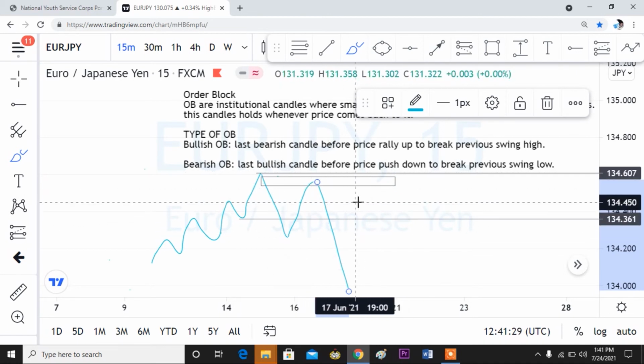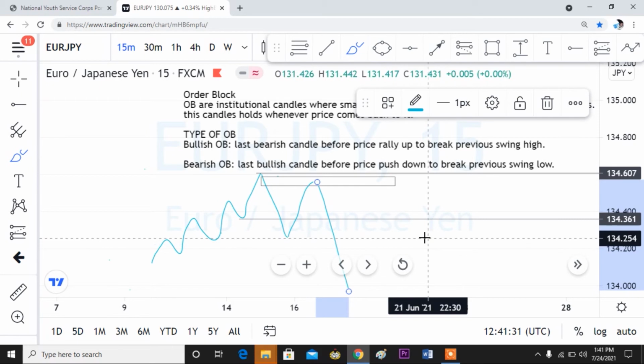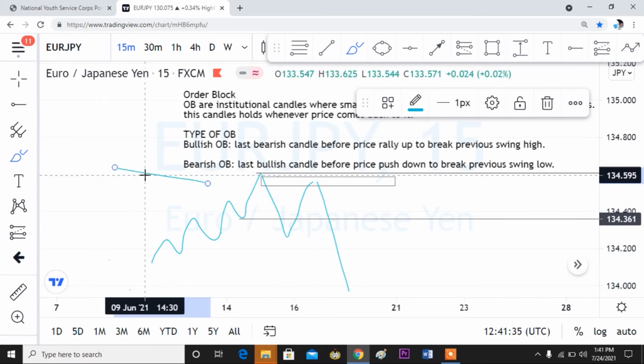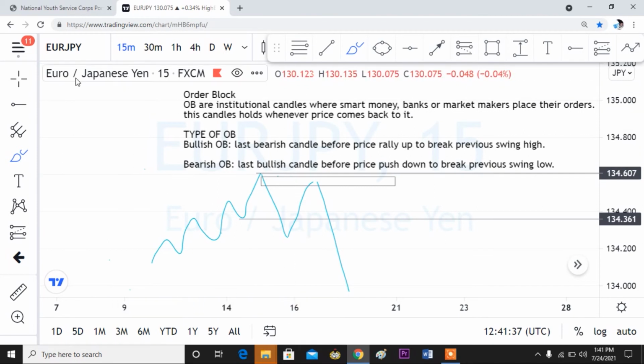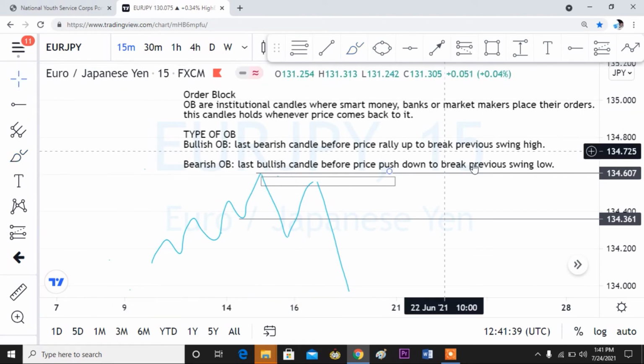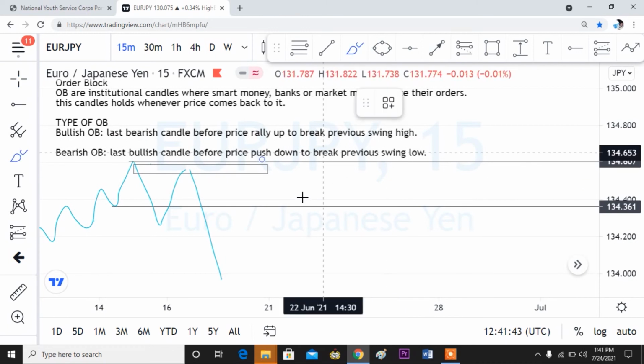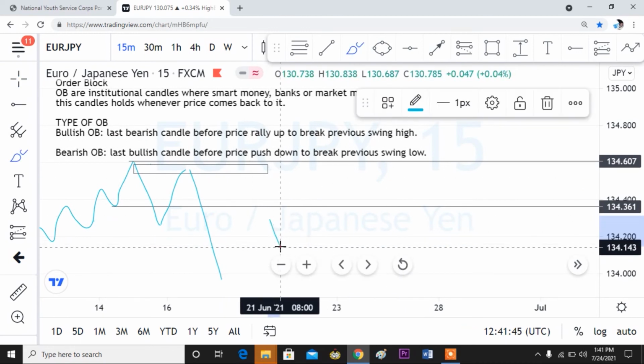So suppose the market is actually trending down. Suppose we have a trending market of this nature.